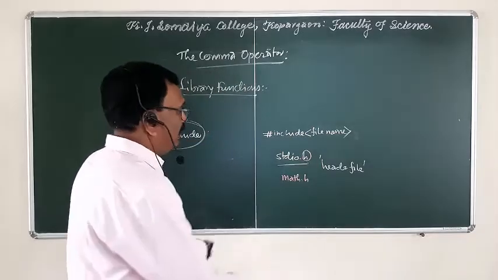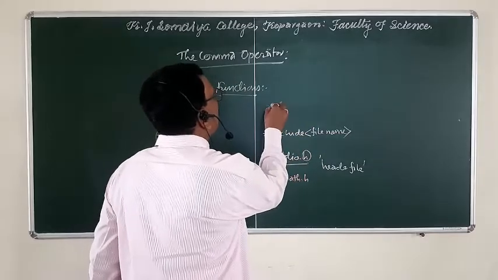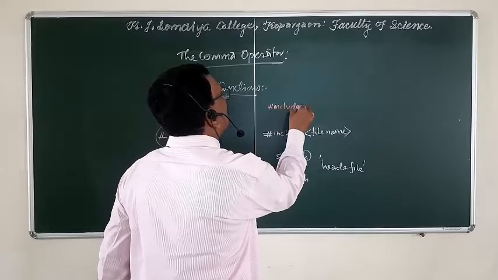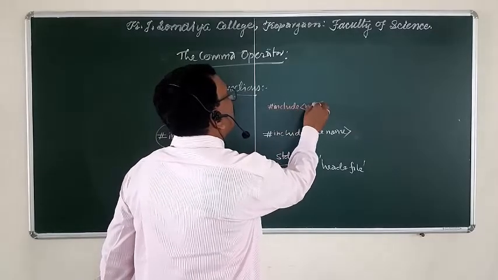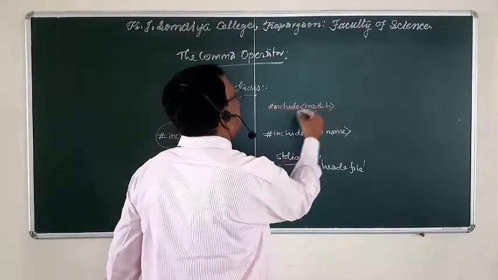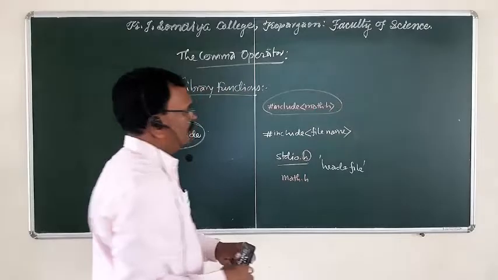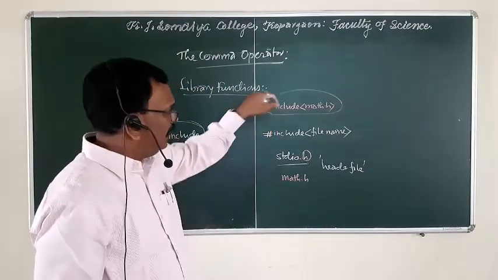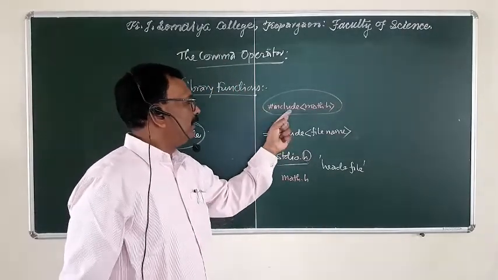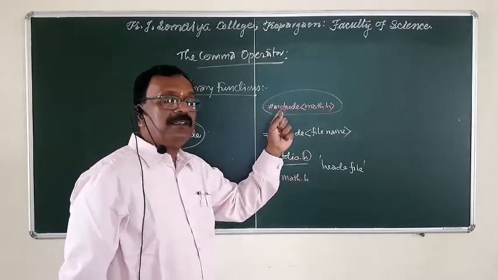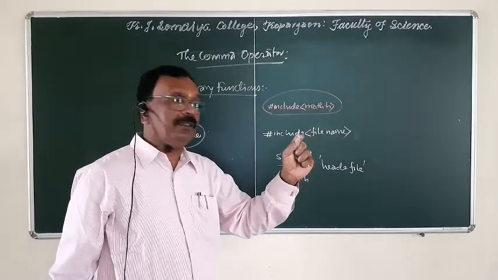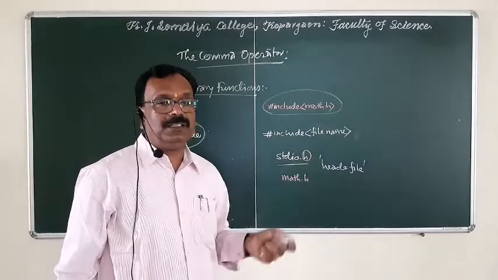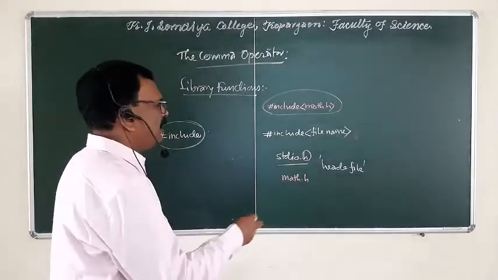And this is done like this: #include math.h. When we write this at the beginning of the program, this statement brings the math file which is already placed in the C library into the current file. There is one more file.